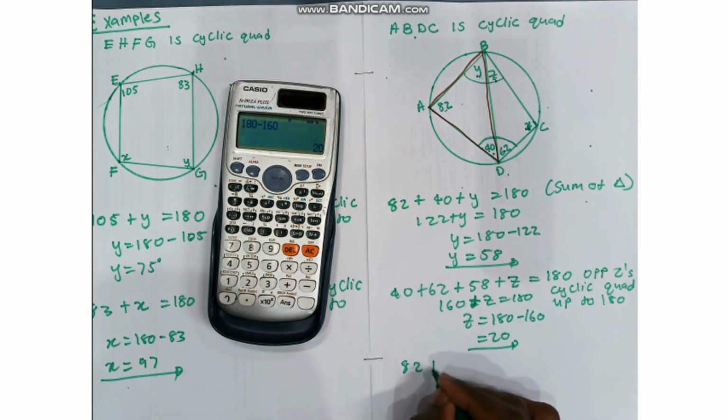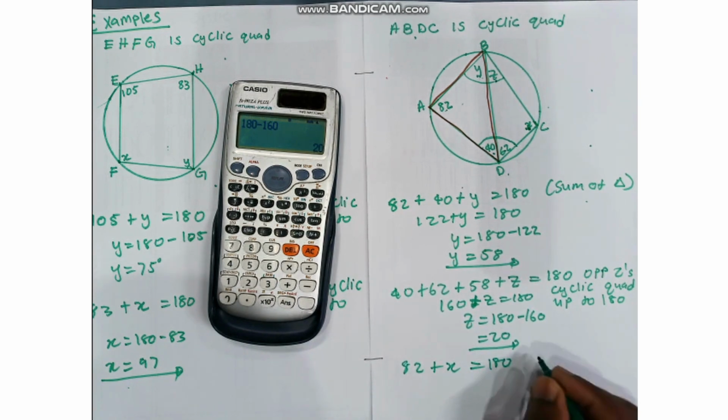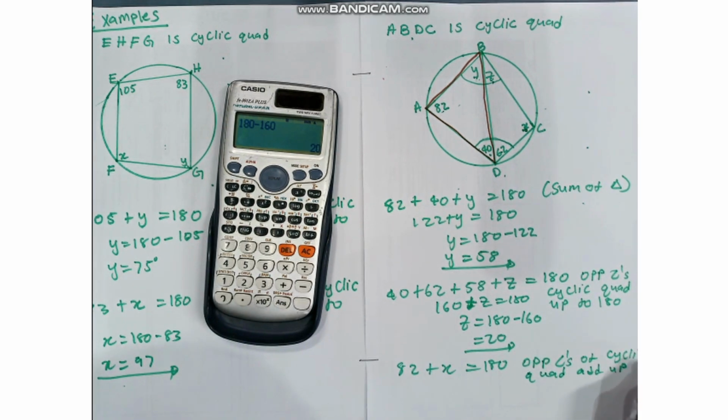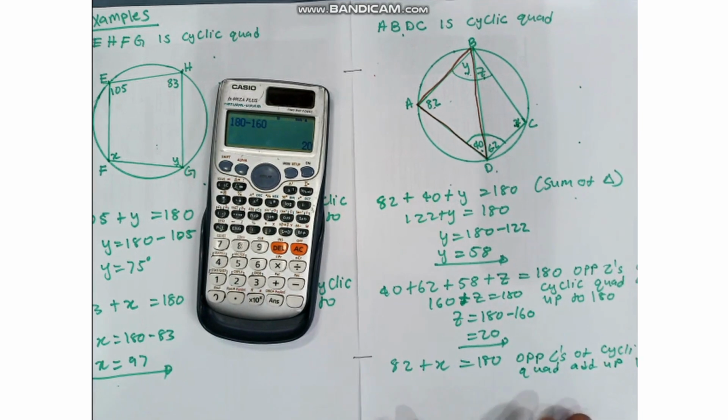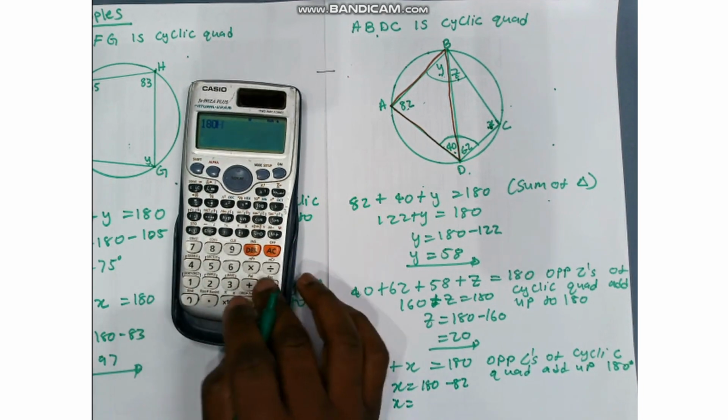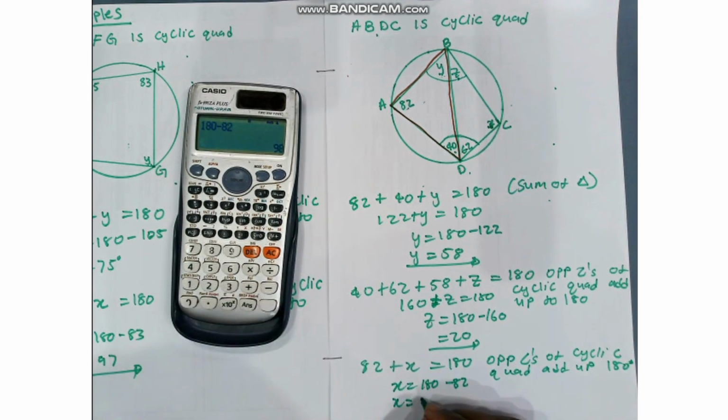So 82 plus x equals 180, opposite angles of a cyclic quad add up to 180, and then x is equal to 180 minus 82, and x is equal to 98.